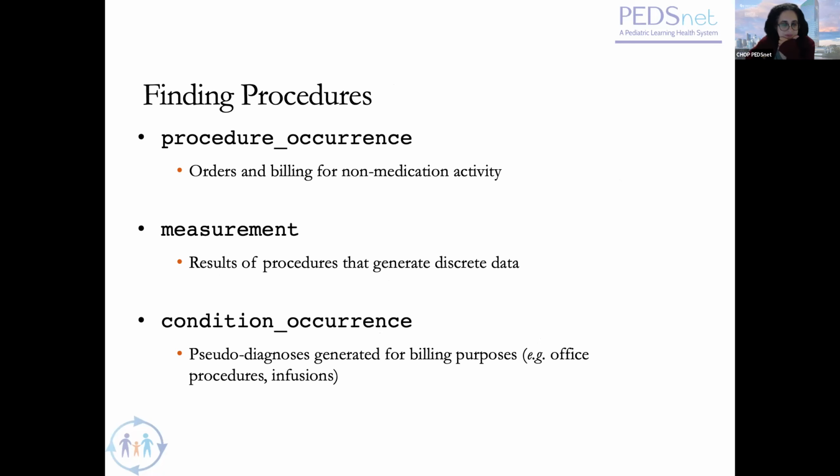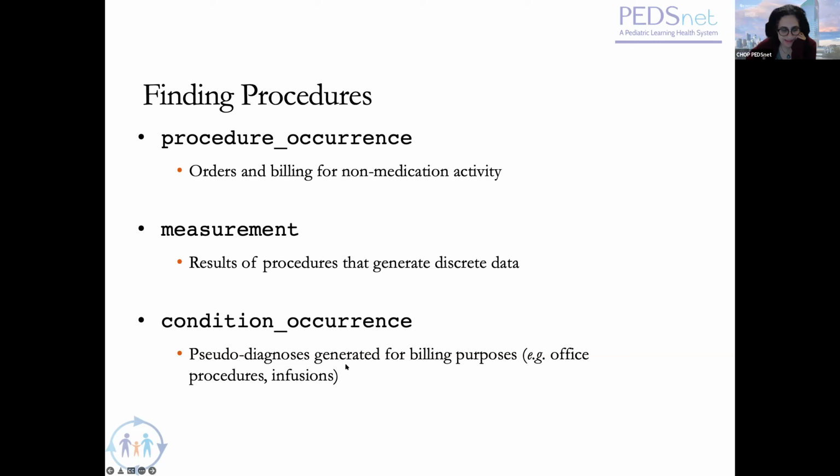So often finding procedures is interesting and sometimes challenging because they can be represented in different ways. So, for example, if you order a blood panel, the results will be in the measurement table, but the order should be in the procedure table.